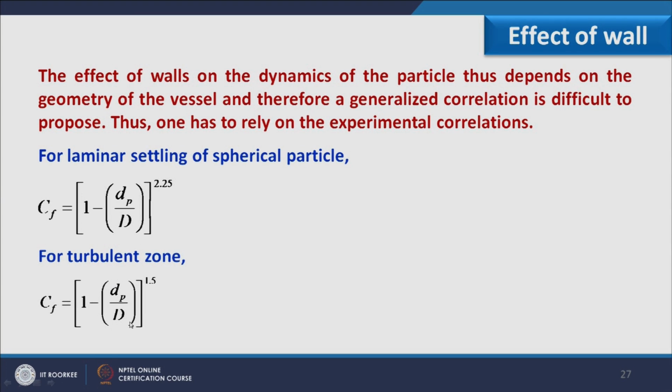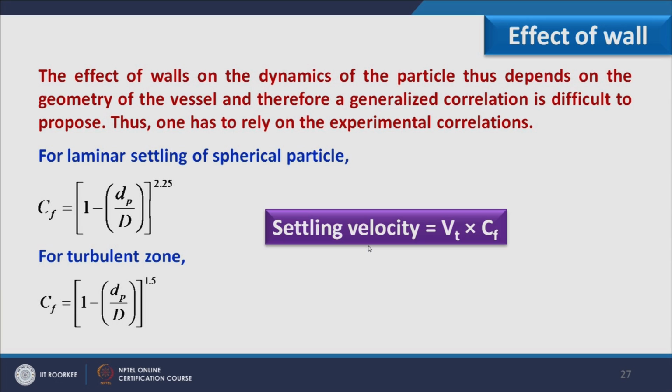Similarly, we have another expression to account for the effect of the wall on particle movement when the particle is falling in the turbulent zone. Once I know the value of Cf, I can calculate the revised settling velocity of the particle, which is equal to Vt into Cf. Vt, you remember, is the settling velocity which we derived in the first part of this lecture, and Cf we have just seen.